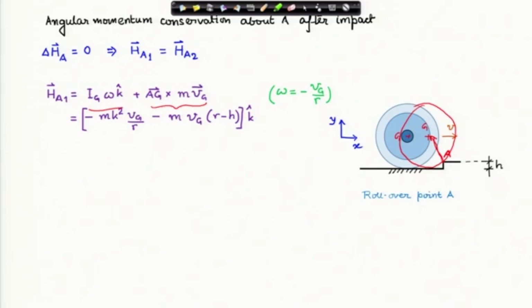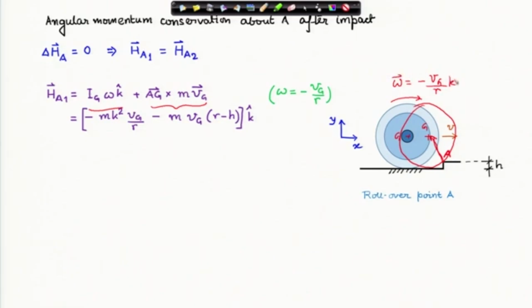and I have taken this z axis moving out of the plane of the screen. Because of this velocity in the positive x direction, we must have angular velocity as minus vg by r in the k cap direction.